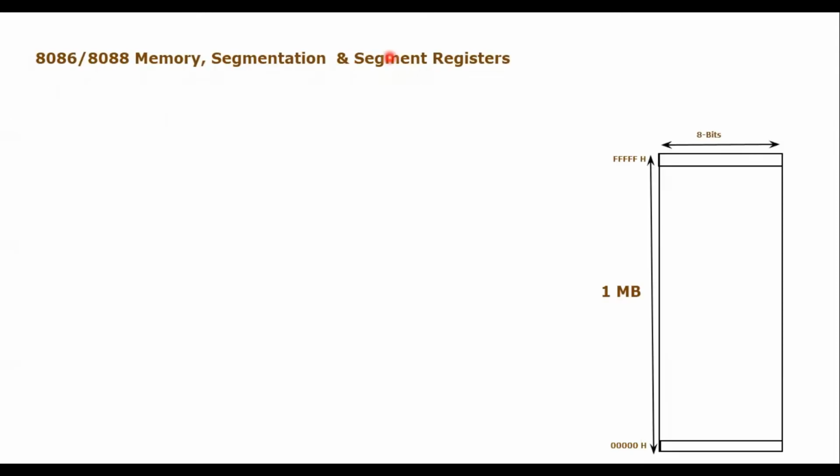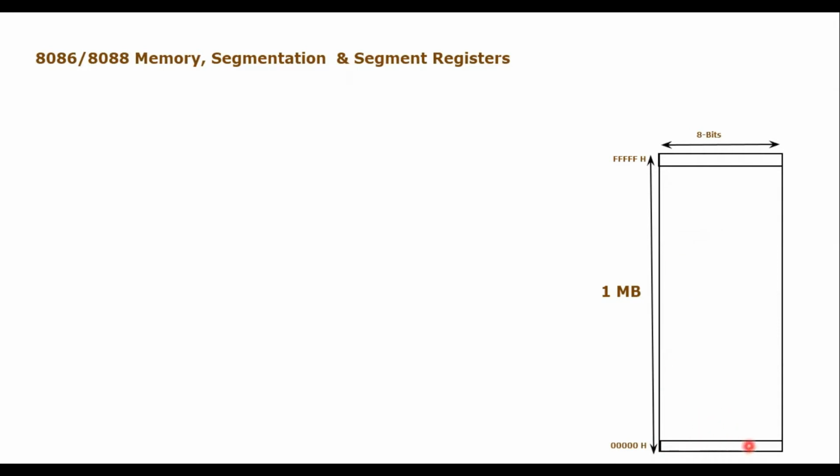First of all, let's talk about the external memory which can be attached to the 8086 or 8088 microprocessor. It's basically 1 megabyte of memory, and one can calculate the size easily using some basic principles. For example, there will be a number of locations involved.